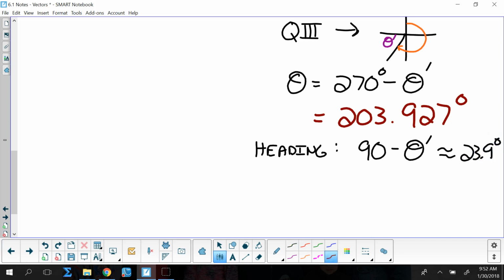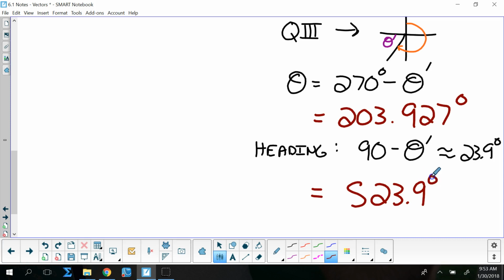So that would also be south 23.9 degrees west. Okay. General rule of thumb, if they give you all of the information in terms of a bearing, give your answer in a bearing. If they give it to you in a heading, give your answer in a heading.